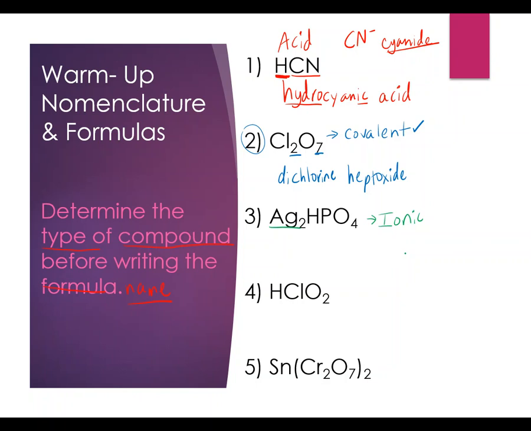What type of element is Ag? It's a metal. Good. And when it has a metal or ammonium in the front, obviously it's going to be ionic.